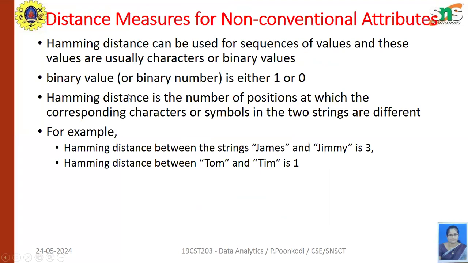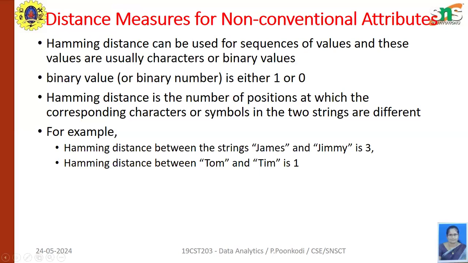This distance measure will use the Hamming distance to calculate the sequence of values in order to attain the distance between the two objects. This Hamming distance can be used for sequences of values, and these values are usually characters or binary values.